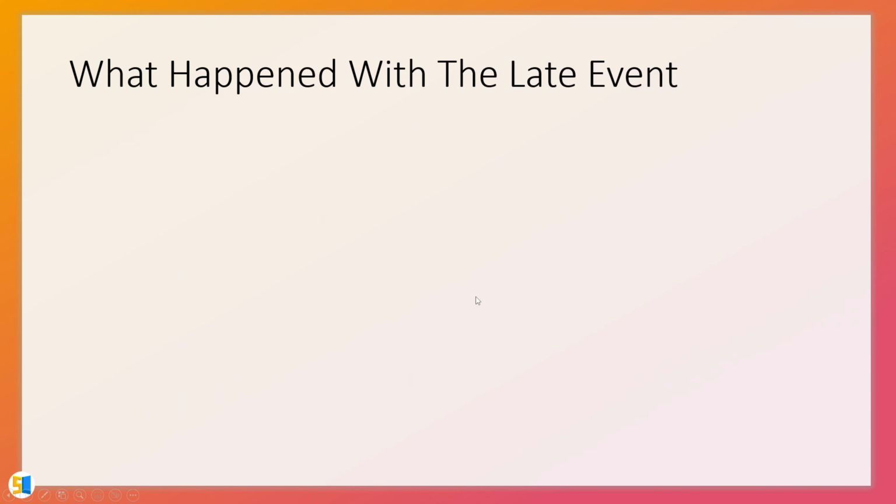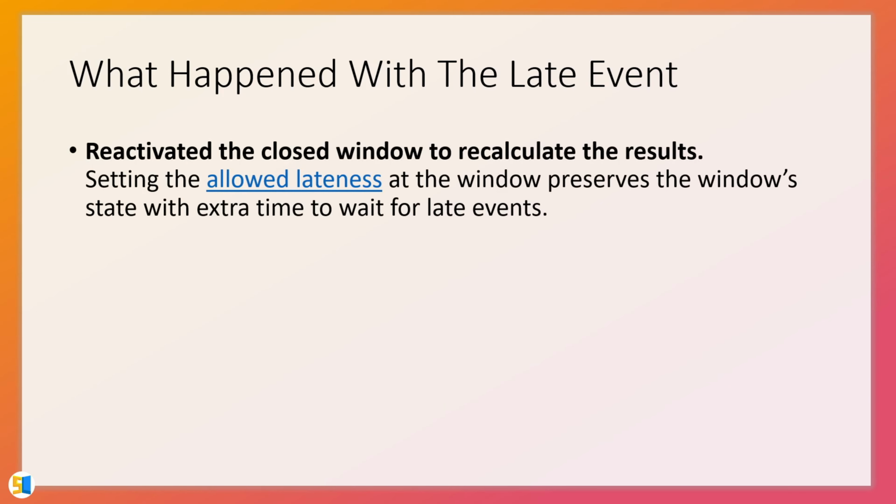So what happens with the late event? There are 3 strategies we can choose. First is to reactivate the closed windows and recalculate the results by setting the allowed lateness. By setting this, the state of the window is preserved for the extra time that we set, so late events can still be captured.